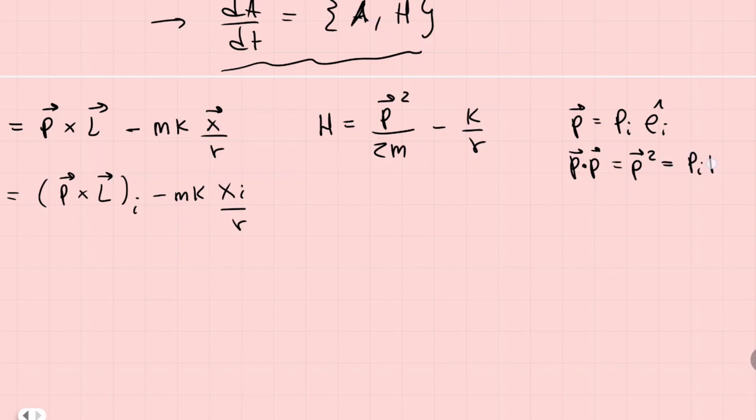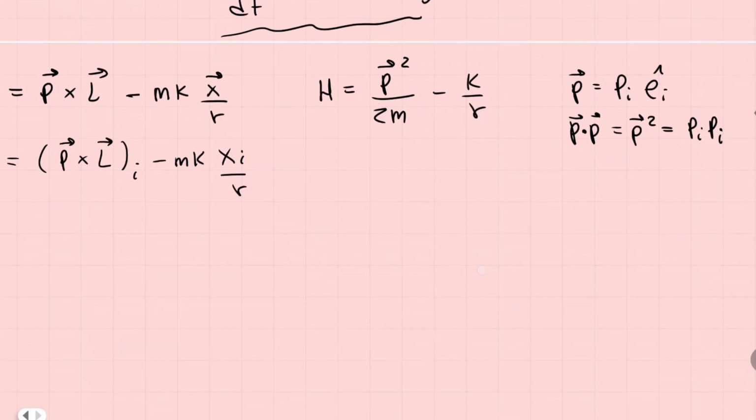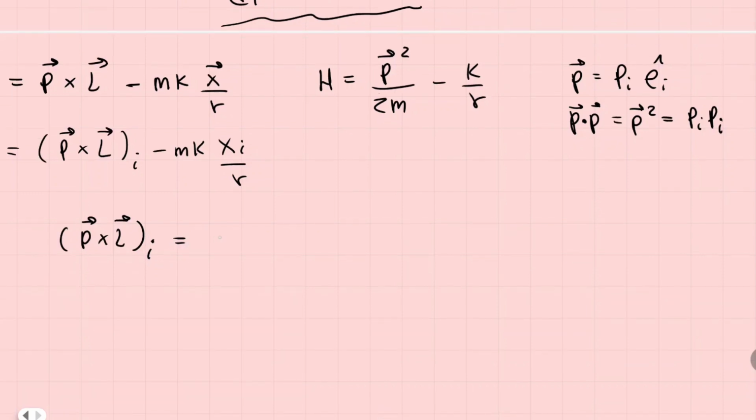Okay, and we have a very famous formula to calculate vectorial products. For example, if we want to calculate the i component of this vectorial product, that is going to be the Levi-Civita symbol epsilon_imn P_m L_n.